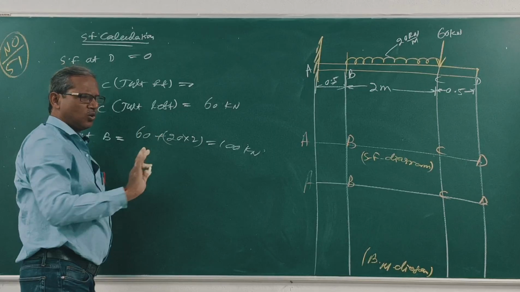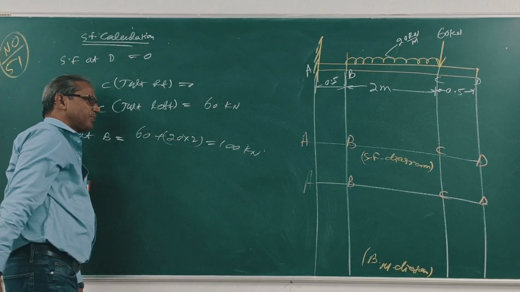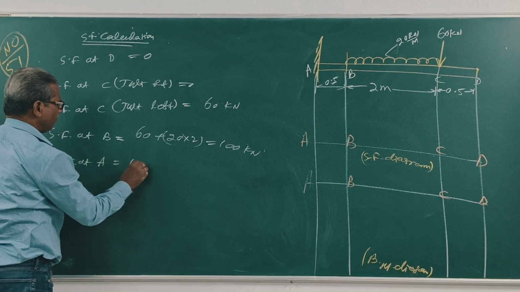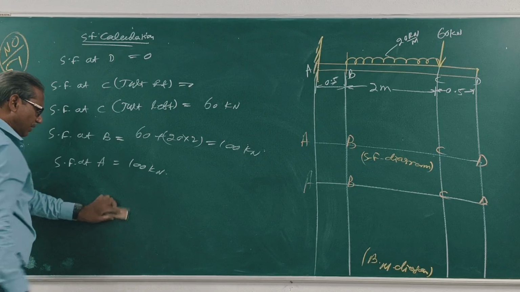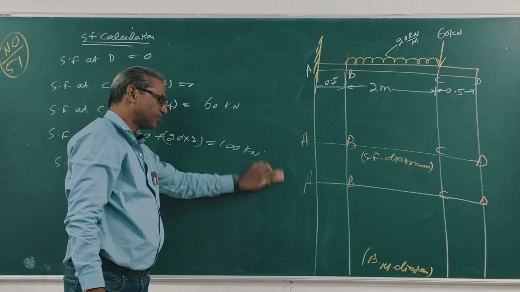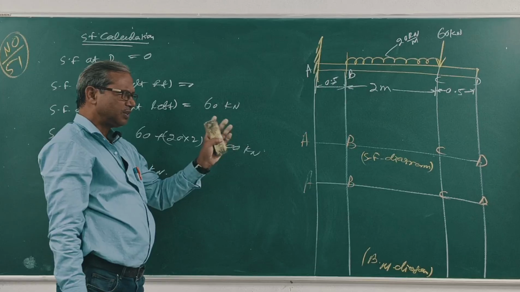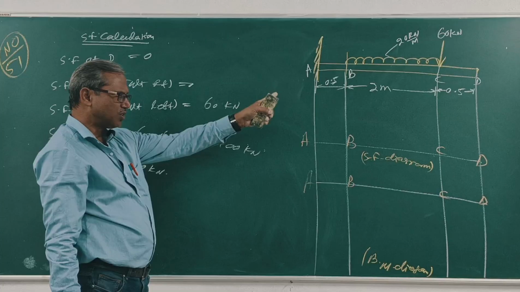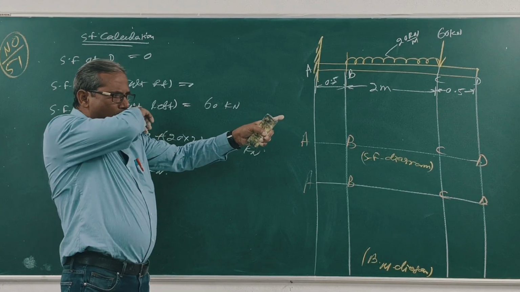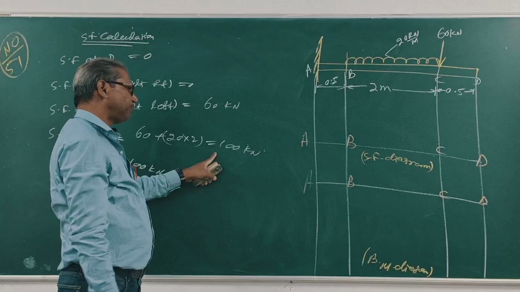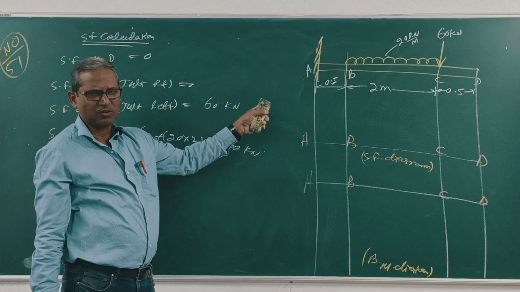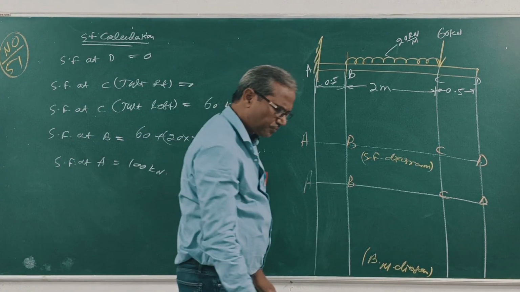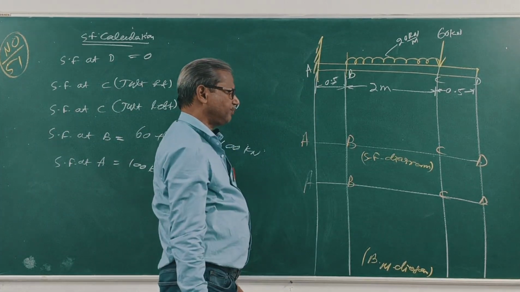So between B and A, no load, so this remains the same from B to A. Shear force at A, right? At D, 0; C just right 0; C just left 60 kilonewton; B, 60 plus 20 into 2, 40, so this is 100. At A, between B and A there is no load, so at A also 100 kilonewton. Clear?